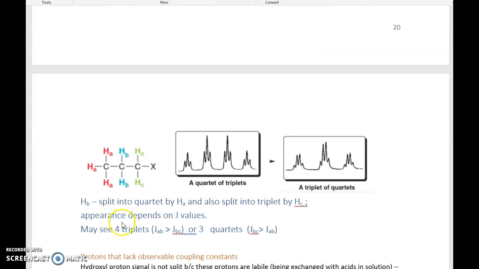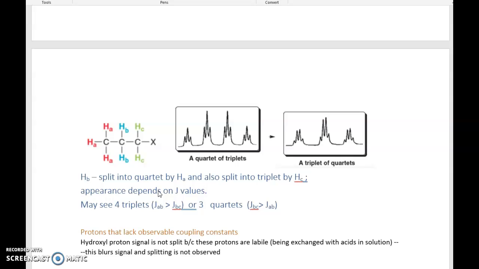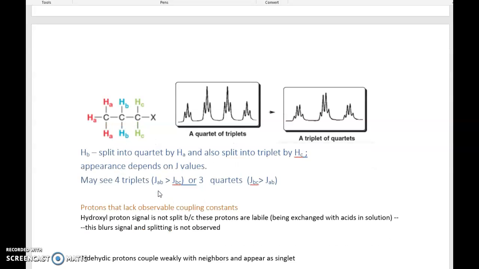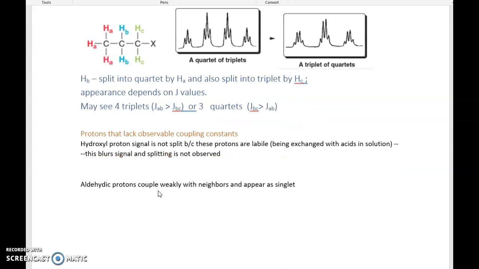And you'll end up with things like quartet of triplets or triplets of quartets. Needless to say, this becomes very complex, and probably we won't be asked to look at any compounds with these structures.